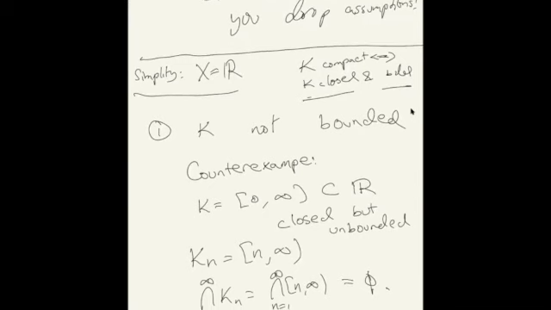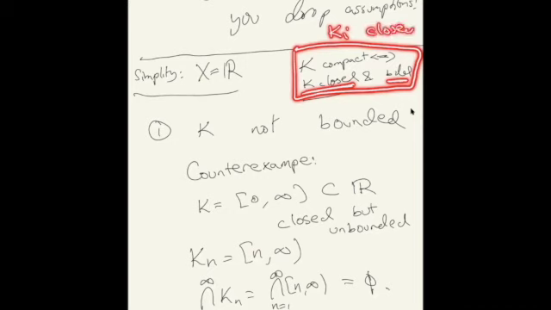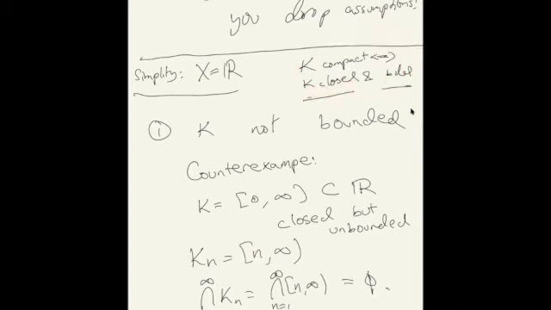And our main assumption in the statement was that our collection K was compact, that is, K is closed and bounded. Of course, we also had the assumption that the Ki are closed, but let's ignore that for now. You could also come up with a counterexample related to that.